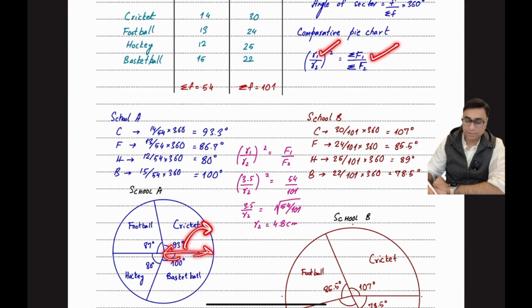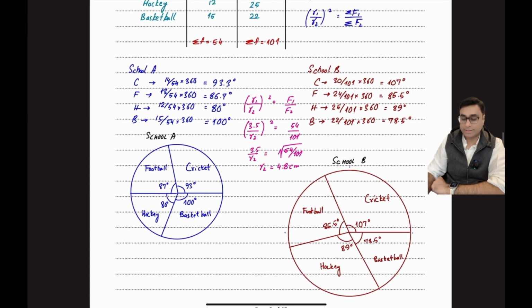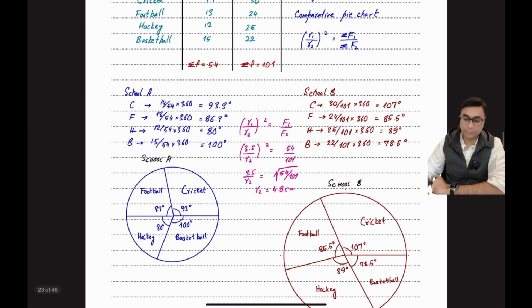So if I have this radius, let's say 3.5, and its corresponding frequency is 54, the other radius that I need to find out has a corresponding frequency of 101. I can rearrange this equation and get the radius r2, which is coming out to be 4.8 centimeters in this case. So now I make another pie chart whose radius is going to be 4.8 centimeters, and then I'm going to mark the angles of this one as well.